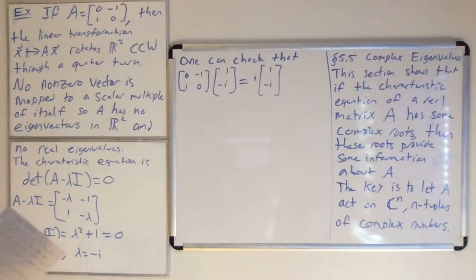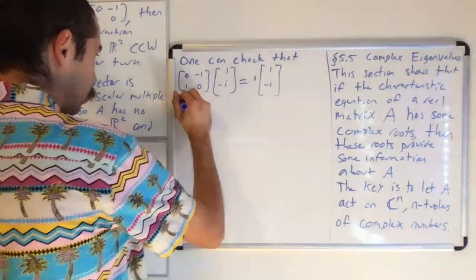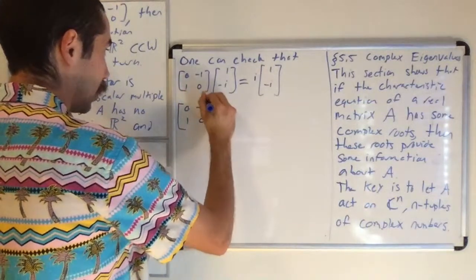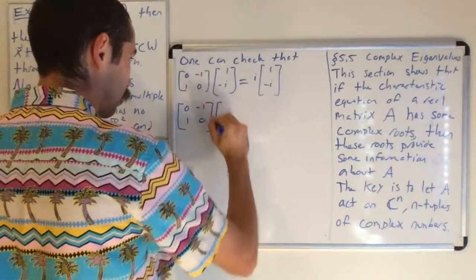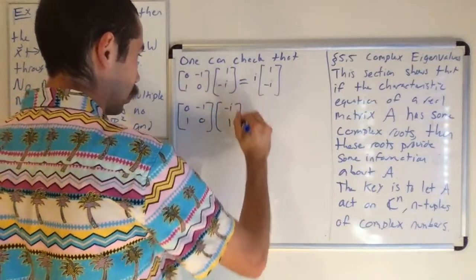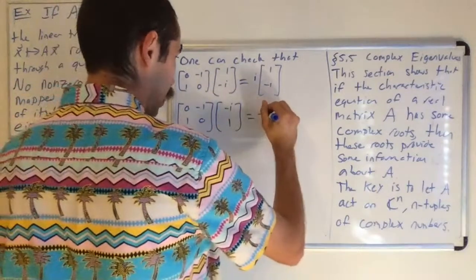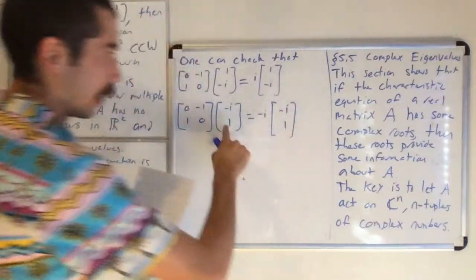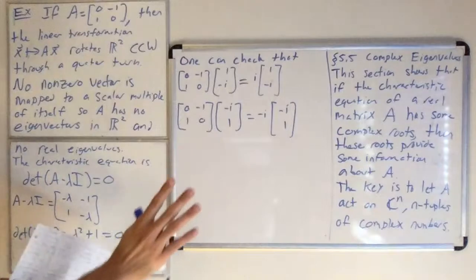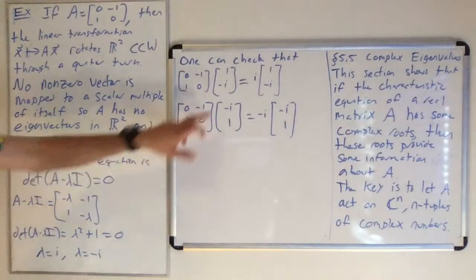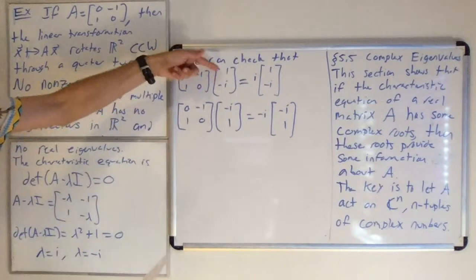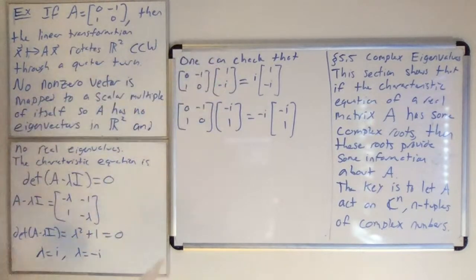And you could also check that if you take our matrix A and multiply it to the vector (minus i, 1), you would get minus i times that same vector. Okay, and now where did these come from? We don't know yet. But it appears that we have some sort of eigenvector that lives in C2 as opposed to R2.